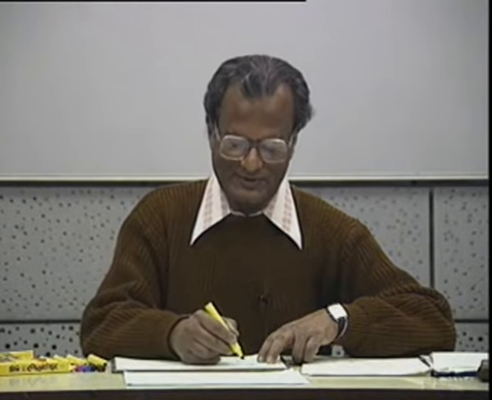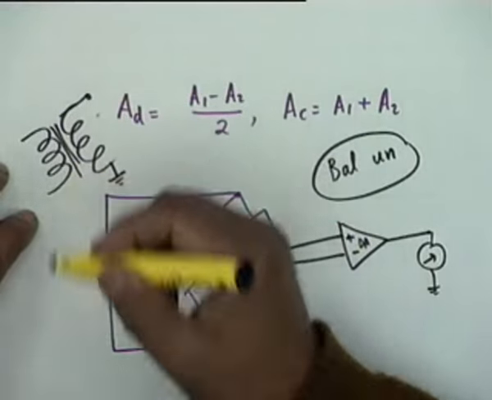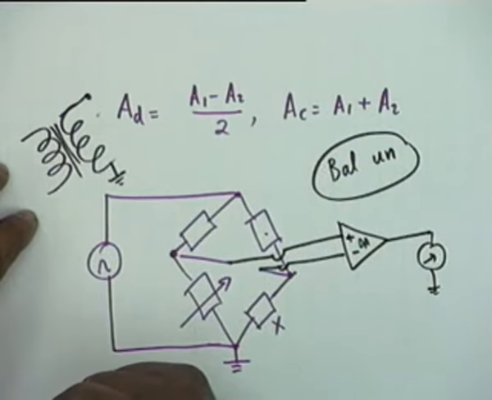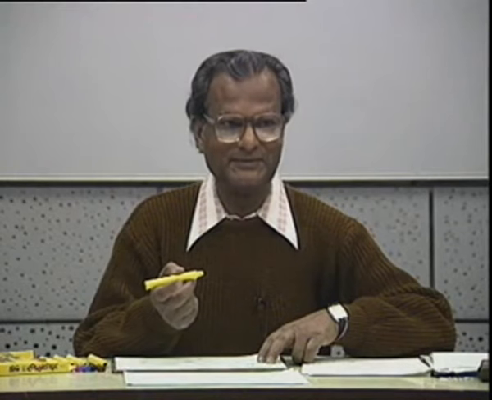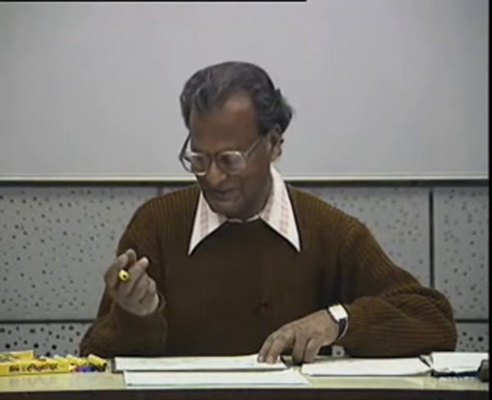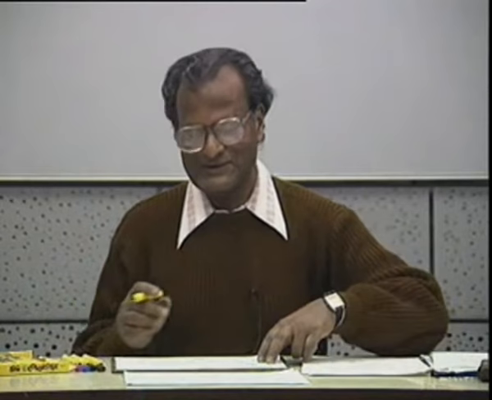There is no reason why this cannot be primary and this cannot be secondary. So balanced to unbalanced, or unbalanced to balanced. Both are called balun? One is called balun, the other is called unbalun. That is not a very common term.